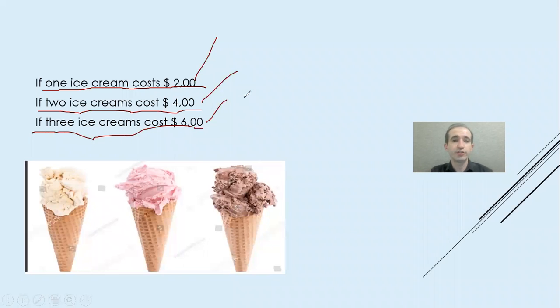What are you realizing? Did you notice some pattern? For example, here the price is increasing, and at the same time the quantity of ice cream is increasing, right?